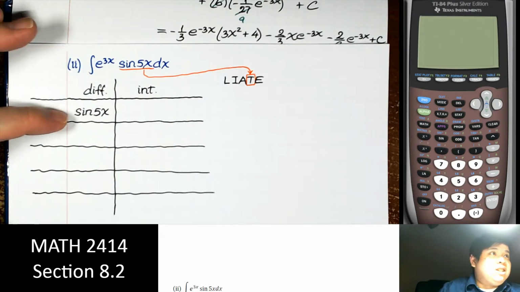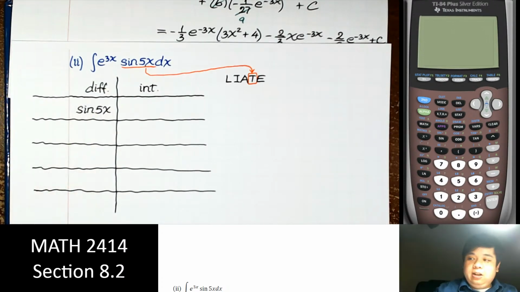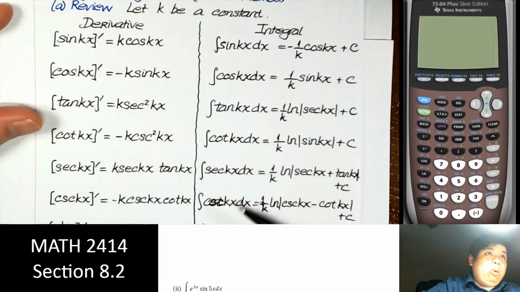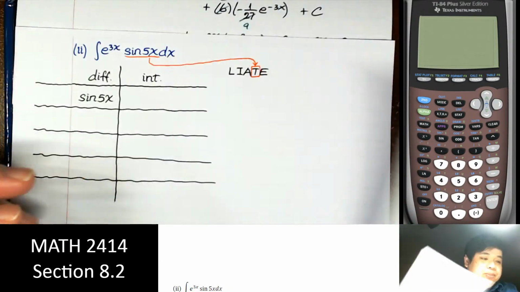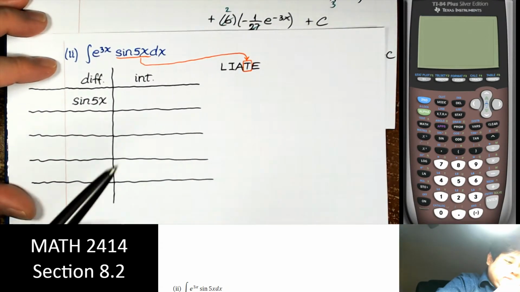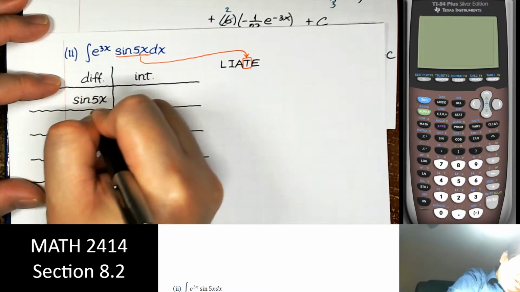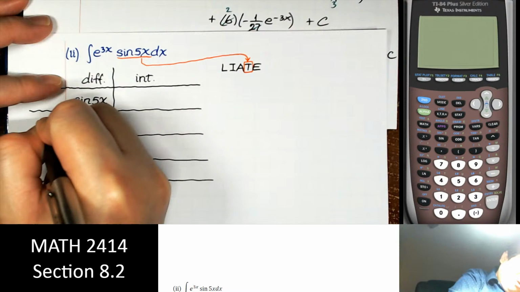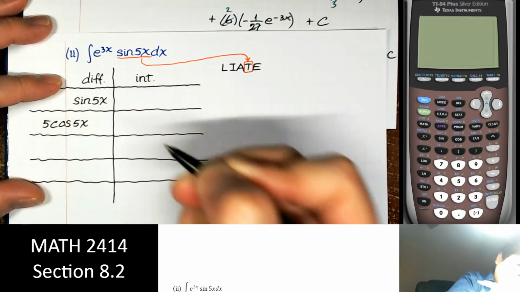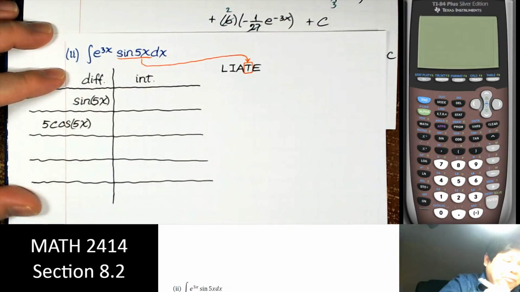So on this one, make a slightly bigger table. Now derivative. When we take derivative, we multiply by the constant k. When we integrate, we divide by the constant k. Right. So derivative of sine is cosine, and then we multiply by the constant k. So it's going to be 5 cosine of 5x. Just put parentheses around 5x. Right.